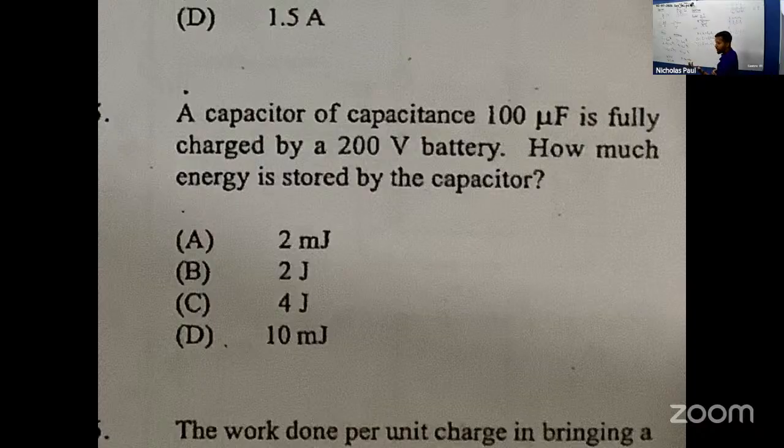Work it out, please. What's the formula we're going to use? I have half CV squared, right? How much did you get? Four.